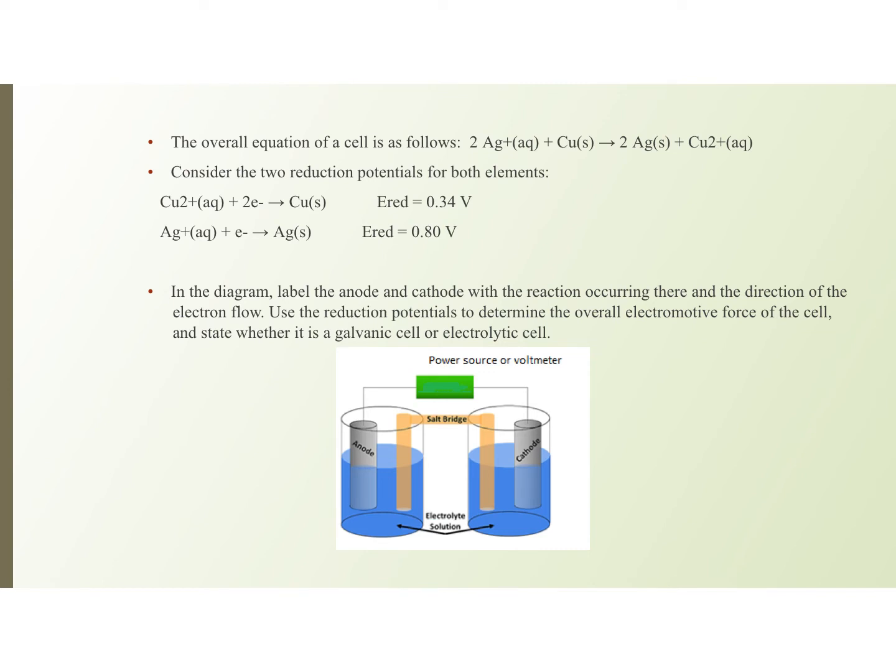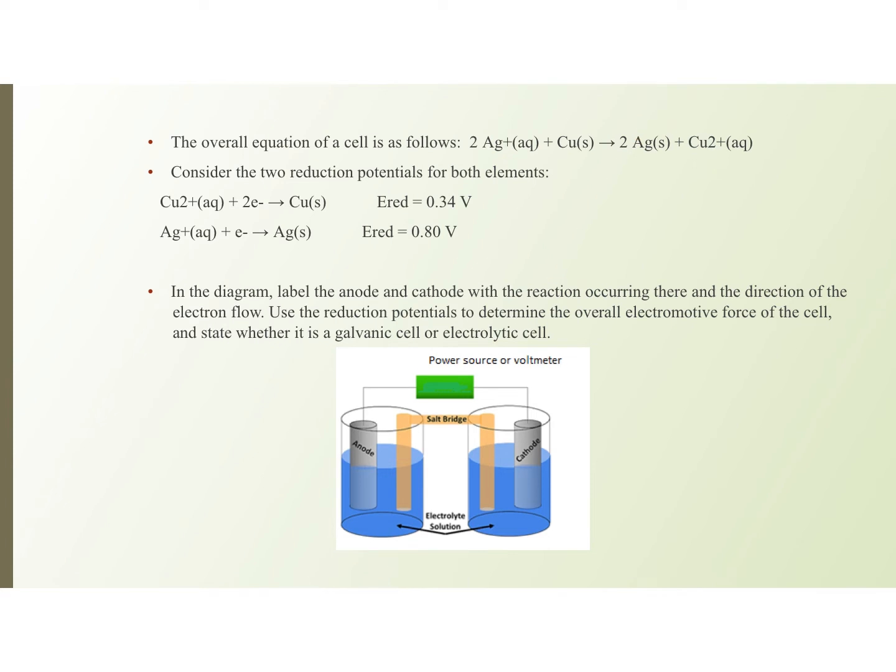So this is a sample problem. We're going to give you the overall equation of a cell like this: 2 Ag+ plus Cu solid gives you 2 Ag solid plus Cu2+ aqueous.